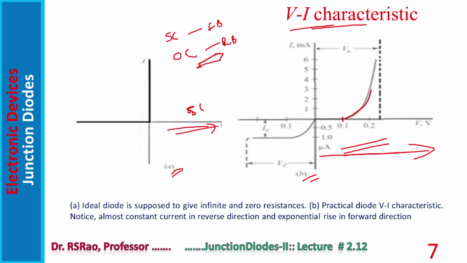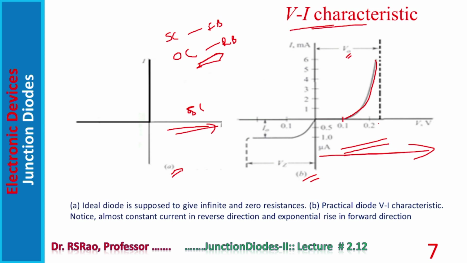This exponential rise keeps on happening until the applied voltage reaches a value equal to V0. V0 stands for built-in potential. When the applied voltage approaches V0, the diode loses its rectifying properties.